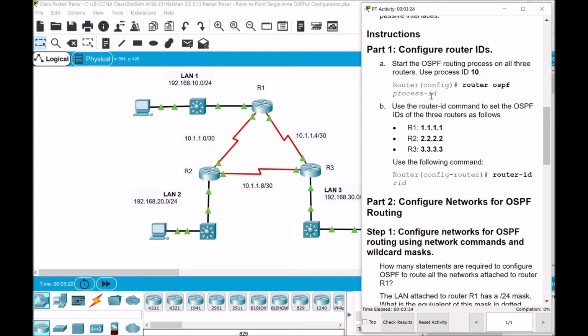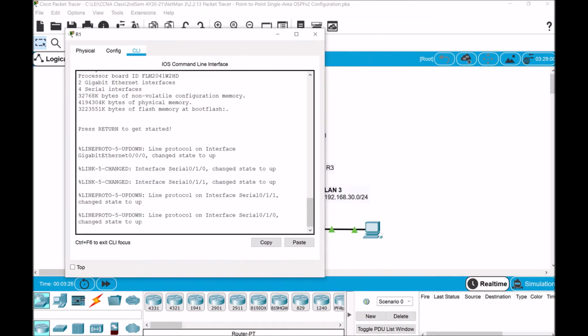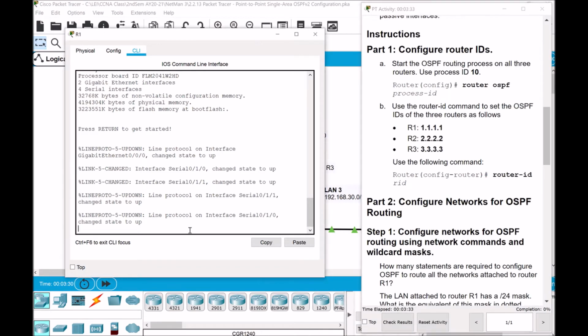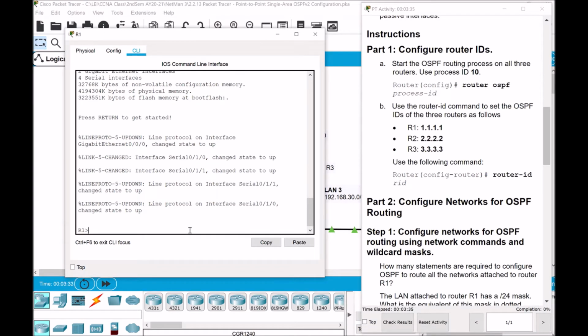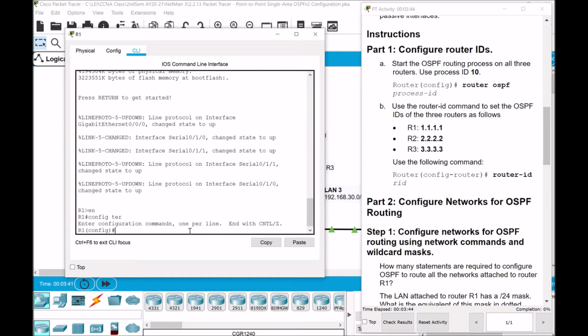Let's begin with router 1. Of course, we are in user exec mode, so we have to go to privileged exec mode and then global configuration mode. From here we activate OSPF by typing router ospf and the process ID 10.